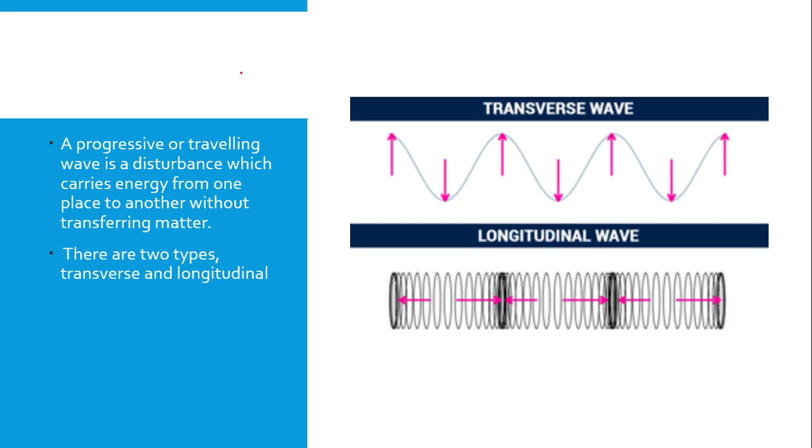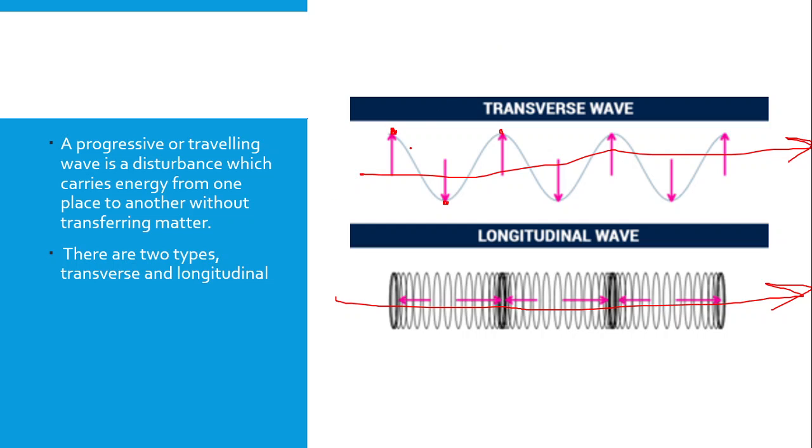In transverse waves, as you can see, there are particles over here and there are particles over here. Let's assume that this wave is traveling in this direction, and so is this wave. Although the wave is traveling towards the right, the particles aren't moving towards the right. They're moving up and down. This particle over here, at this instant, is at this point.